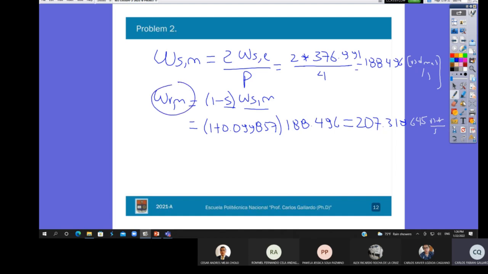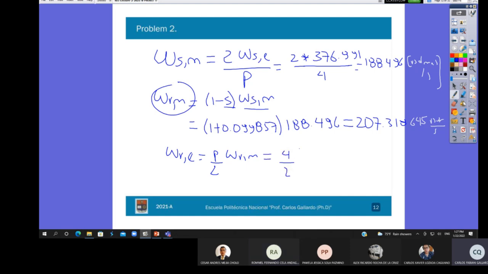What I need is the electrical speed. So once again, from mechanical quantities to electrical quantities, I will use the number of poles. So the electrical speed is equal to the number of poles over 2 times the mechanical speed, and the number of poles is 4 over 2.